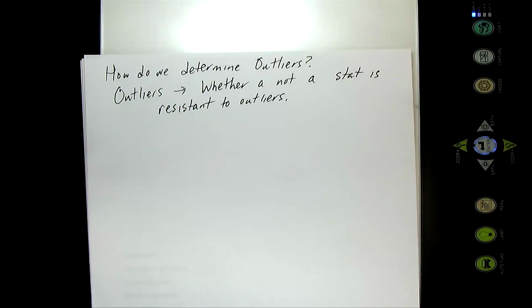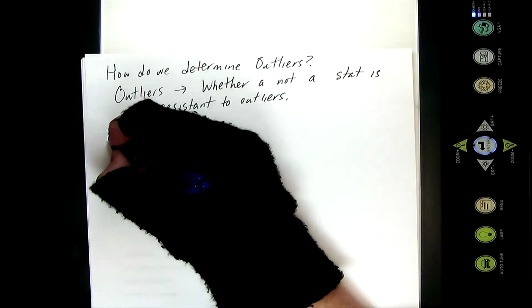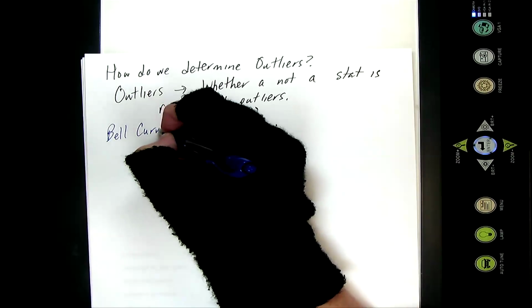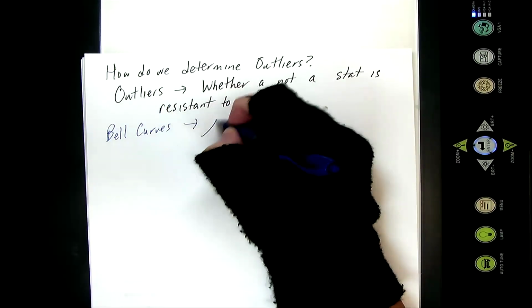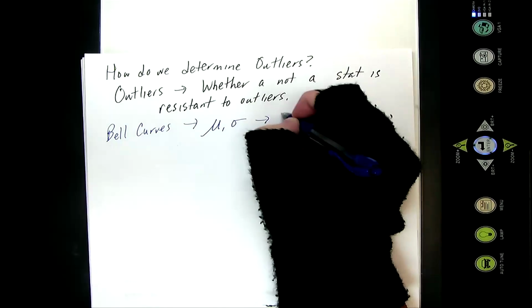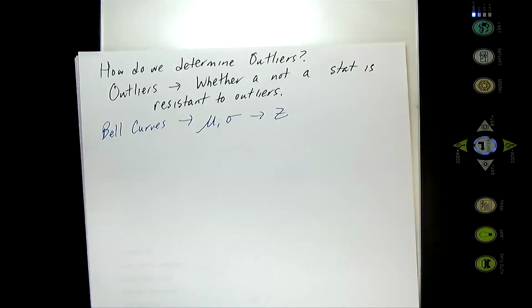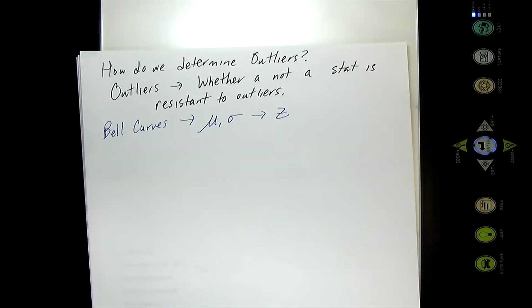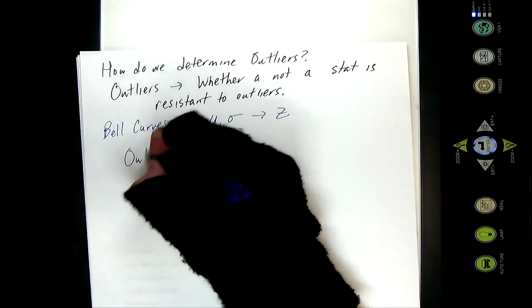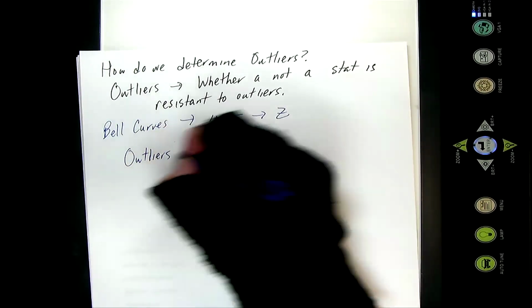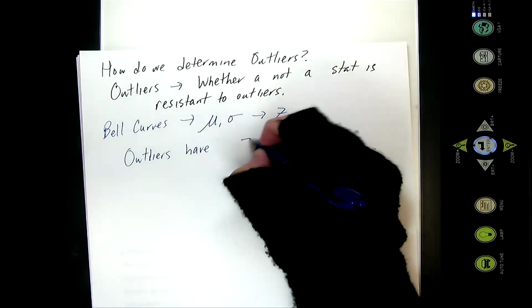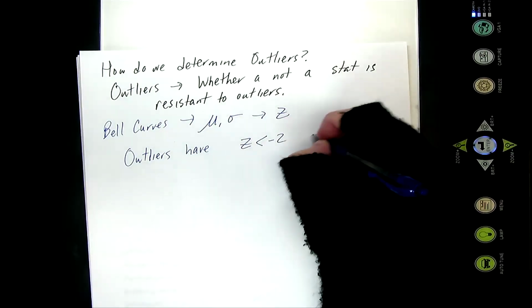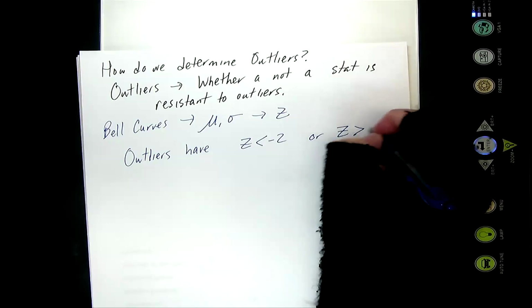So what we do for bell curves, that's where we're looking at mu and sigma to calculate z. We're gonna go with outliers having z less than -2 or z greater than 2.